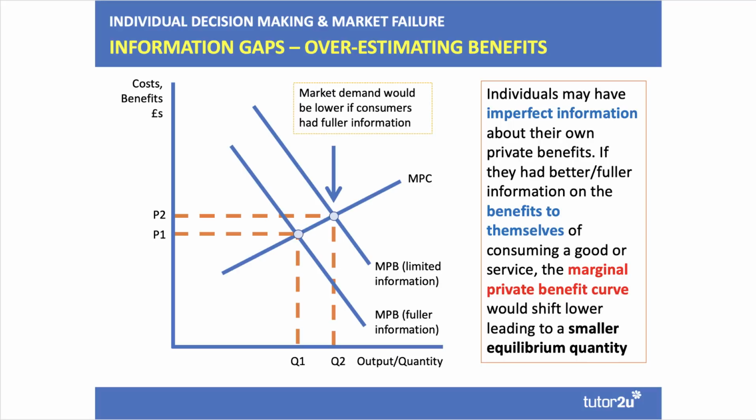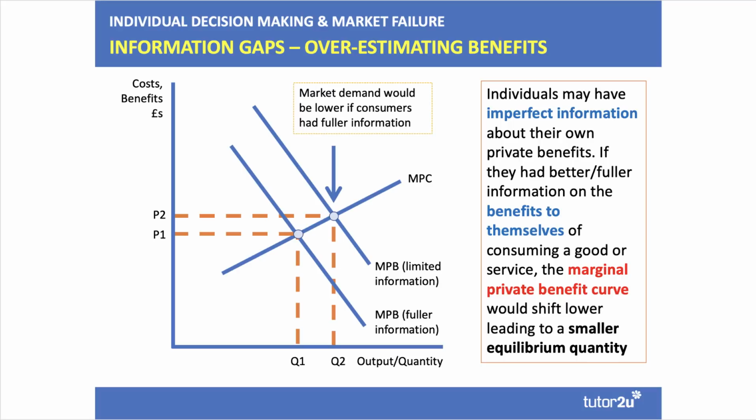But their marginal private benefit with limited information, their demand curve effectively, I'm assuming, is higher than it would be if they had better information about the product, perhaps something which is being missold to them in terms of the benefits. So this is a classic market failure situation. If people had full information on the benefits themselves, the marginal private benefit curve would shift to the left, leading to a smaller equilibrium quantity.